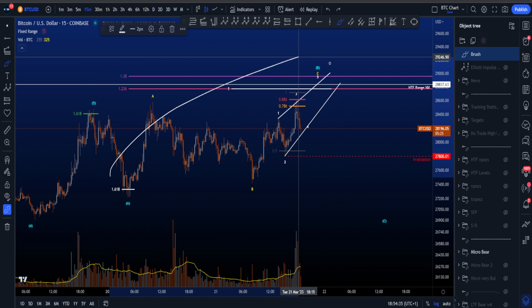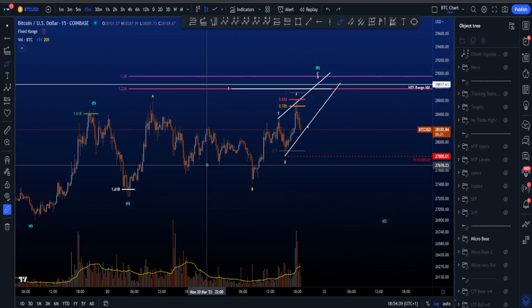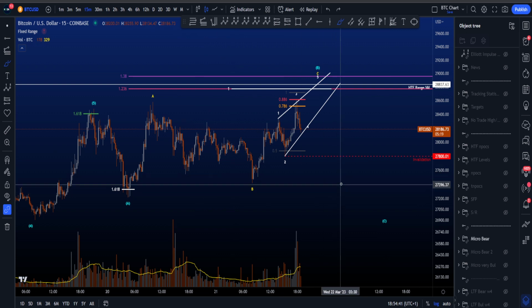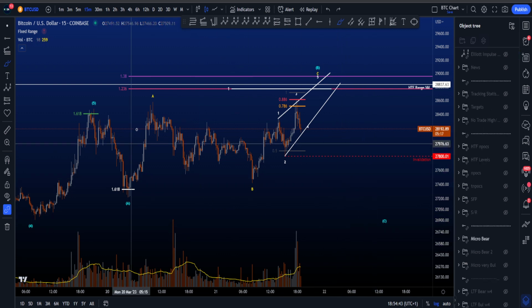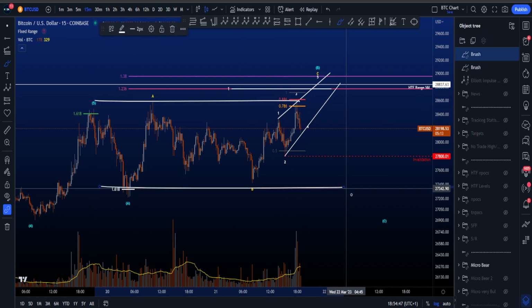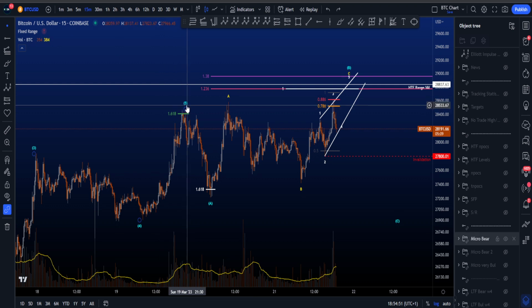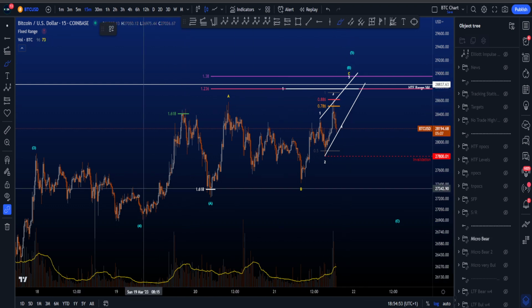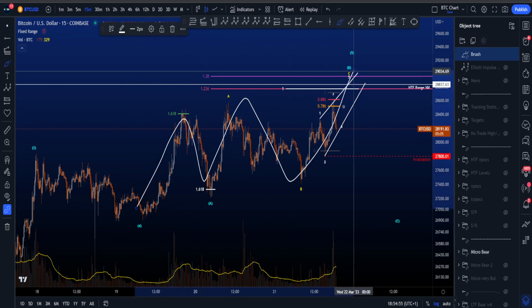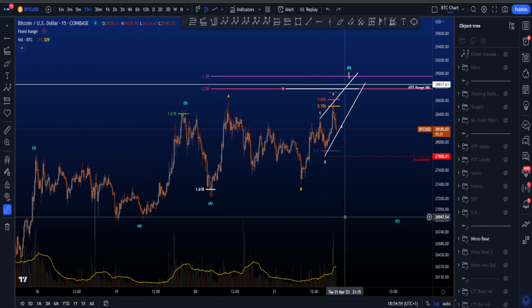And if this is a corrective structure and you want to go to targets of 13K, you preferably want to start with some sort of an impulse to the downside instead of this corrective structure. But this at the moment looks more likely because of all the ranging that we had, and also moving wave 5 to somewhere over here just makes it very awkward to count this type of price action. So yeah, that is where we stand at the moment.